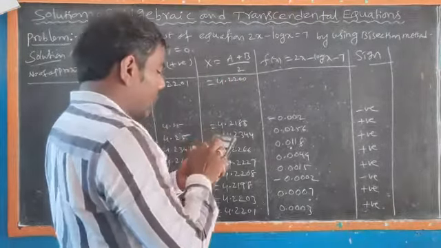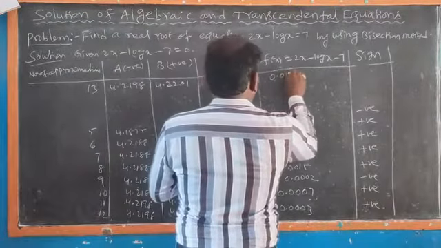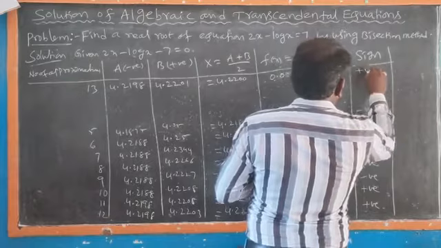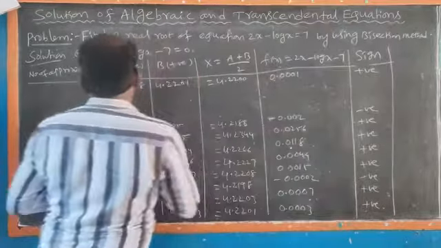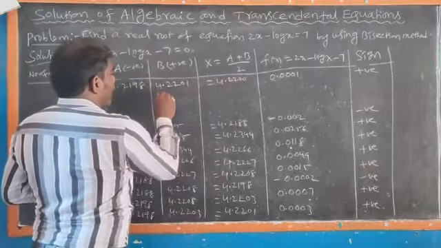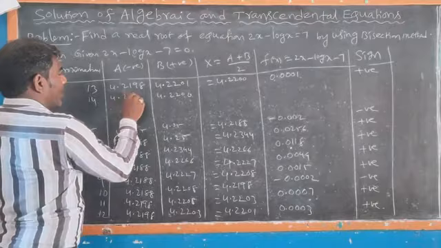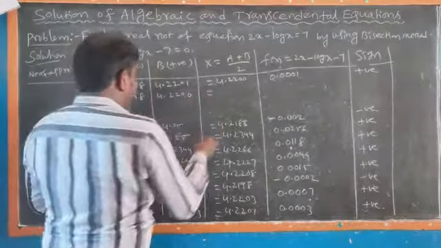Then substitute in f(x), then 0.0001, this is positive. Okay, next 14th approximation, substitute the x value, 4.2200, this is 4.2198. Okay, right.